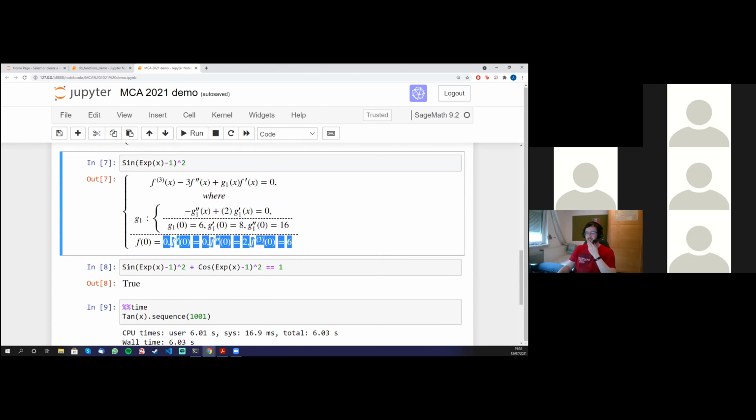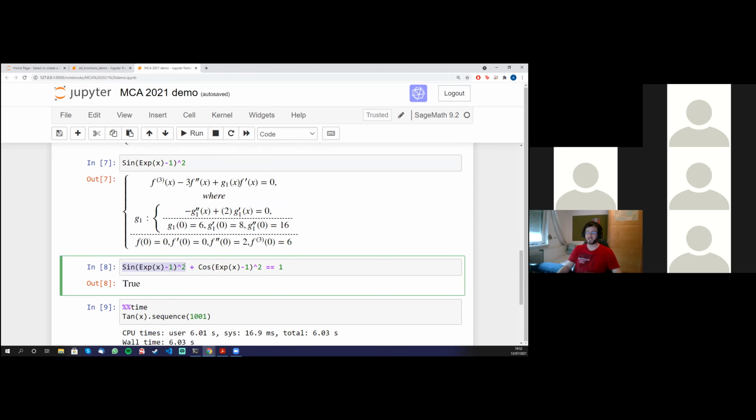And you can just check with these objects. You can type everything you want in Python. And for example, you can check identities like, is the sine of exponential minus 1 squared plus cosine of exponential minus 1 squared equal to 1? And the answer is, of course, yes, because that's exactly the trigonometric equality that we all know. And that's all you need. You just type it, check it out, and oh, it's true.